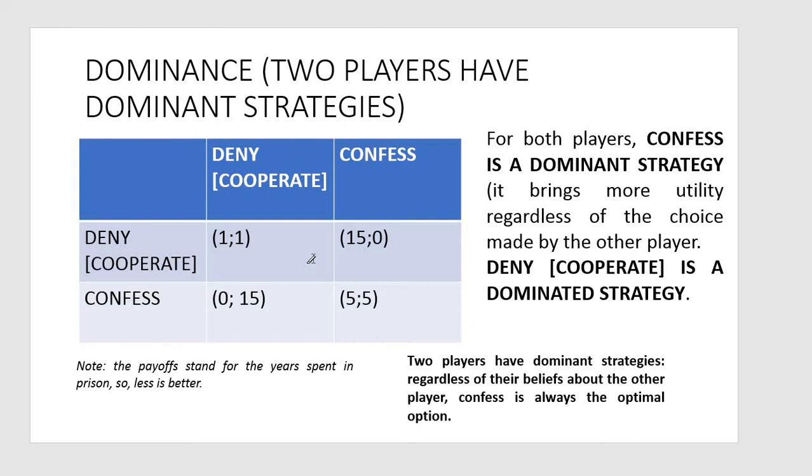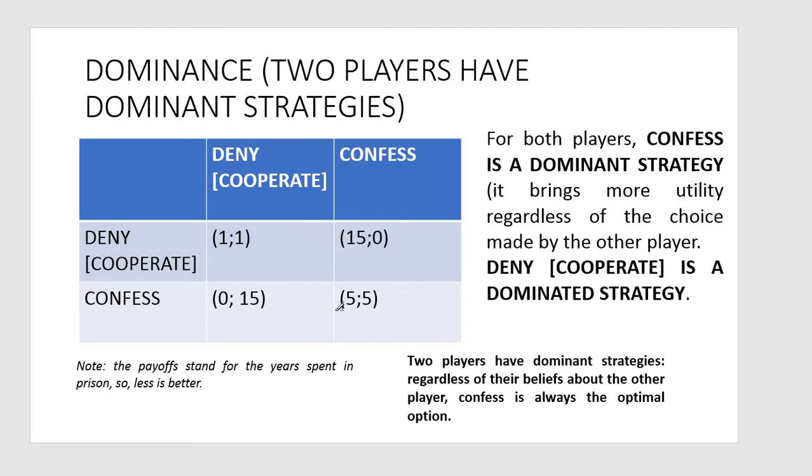So the key feature of this game is that both players have a dominant strategy to confess. So let's analyze it for the first player, for instance. If the second player decides to cooperate, then it's better for me to confess, because then I'm free to go immediately.